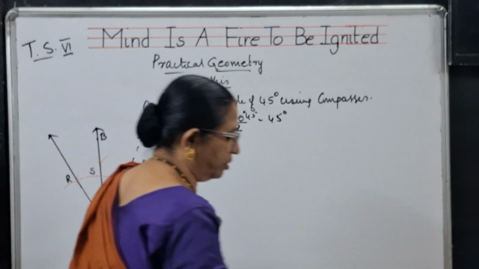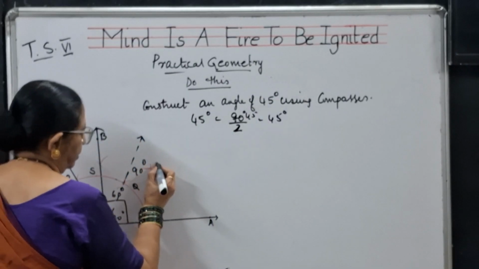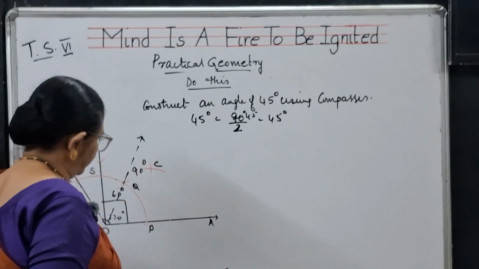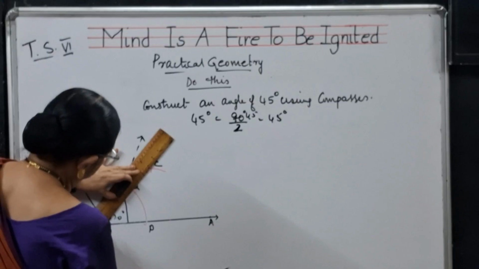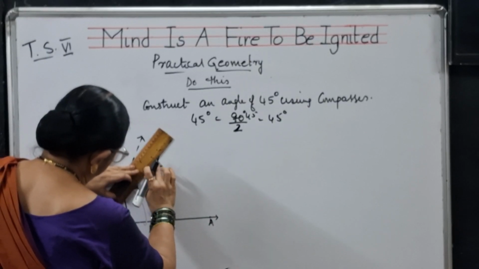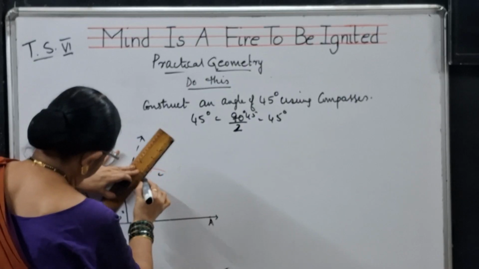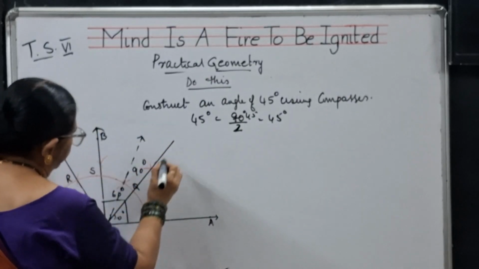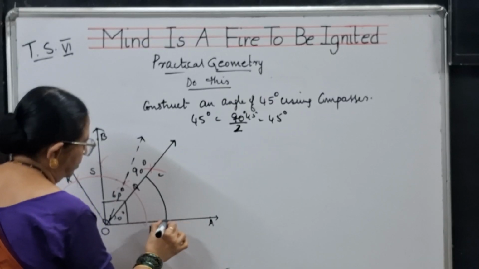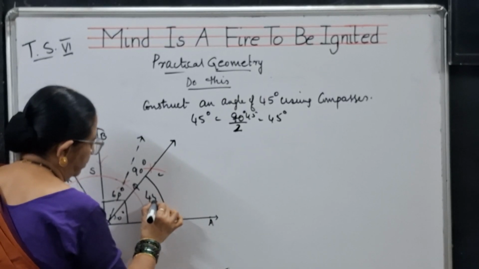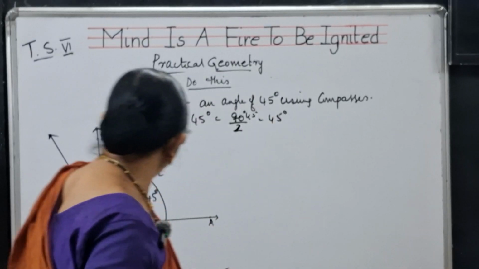So let me call this point as C. So when I draw a ray passing through C, this angle is 45 degrees. I have bisected 90 degrees.